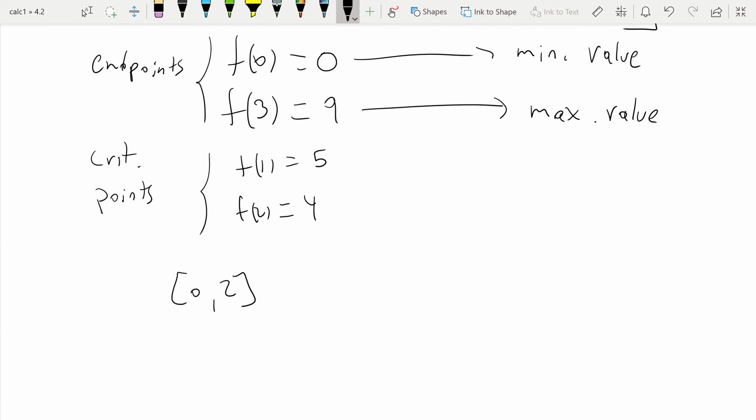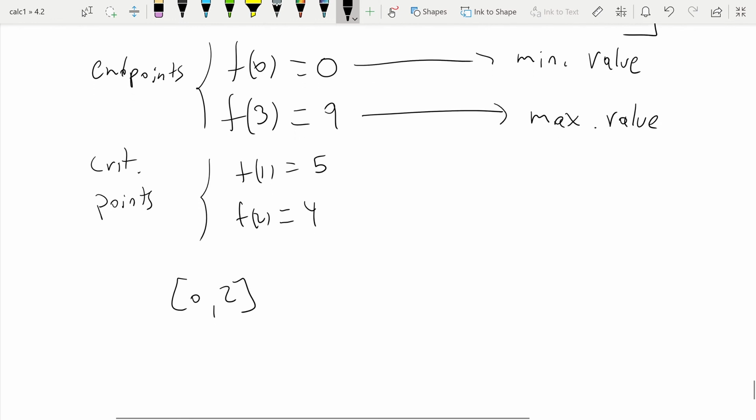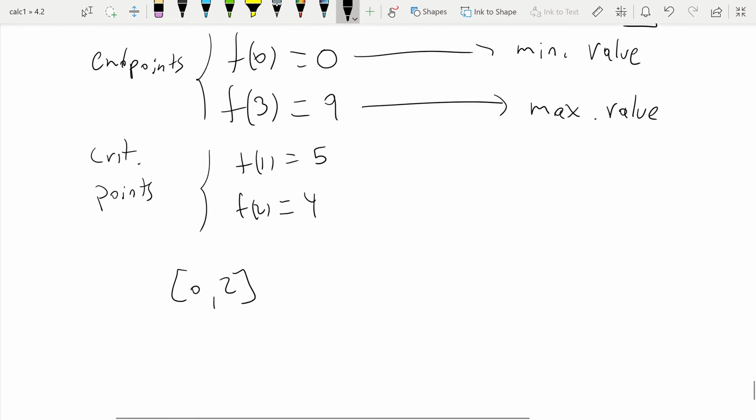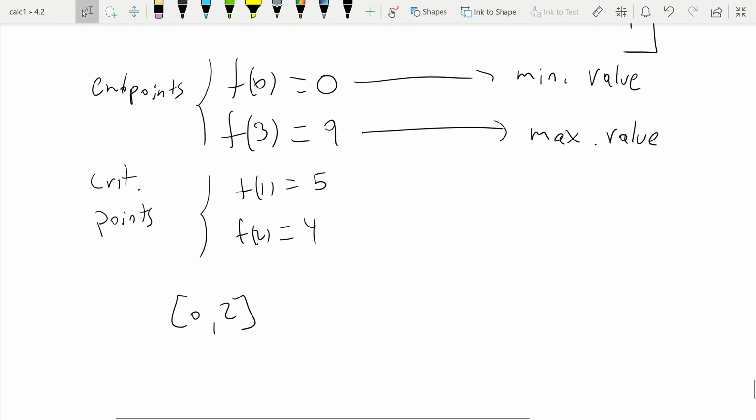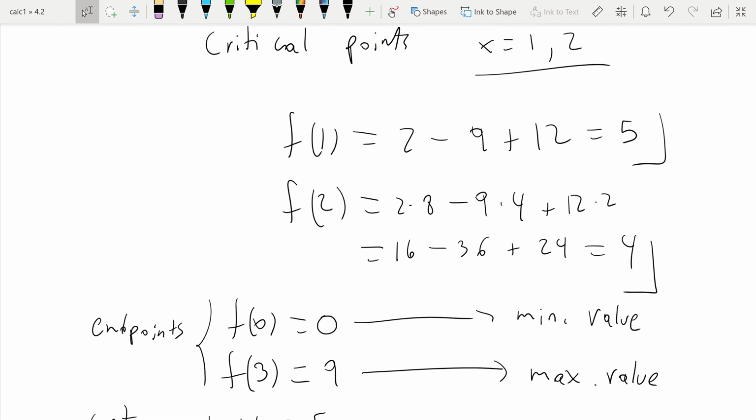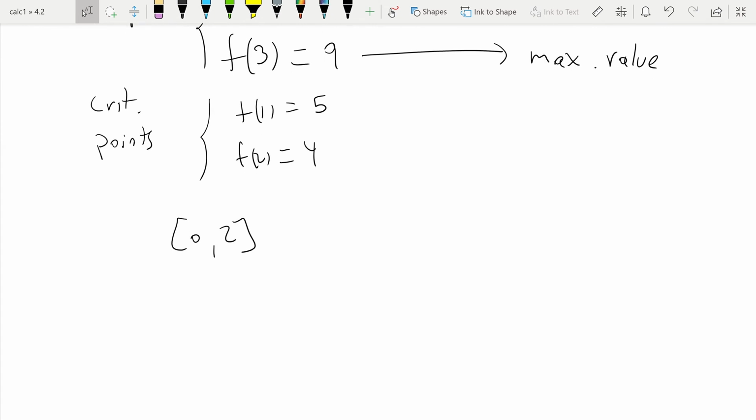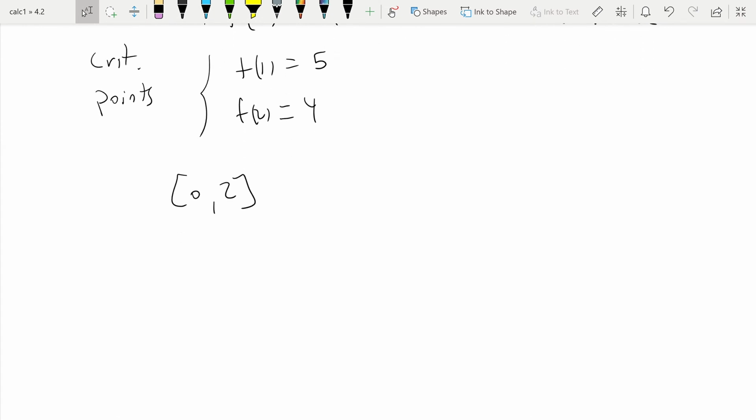You can consider 2 to be a critical point, even though in principle you only have one side to take the limit on. But in any case, we don't have 3. So this changes things a little bit. Even in this closed interval that contains 2 on just one side, we still needed to incorporate it into the analysis because it's an endpoint now. The endpoints are now 0 and 2.